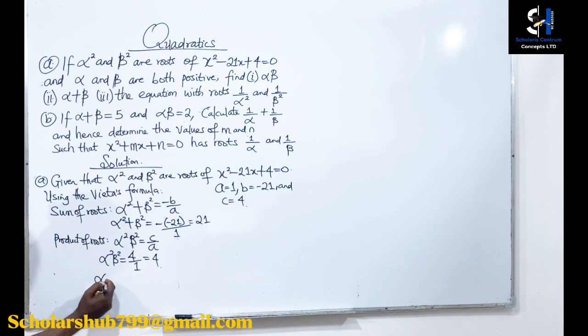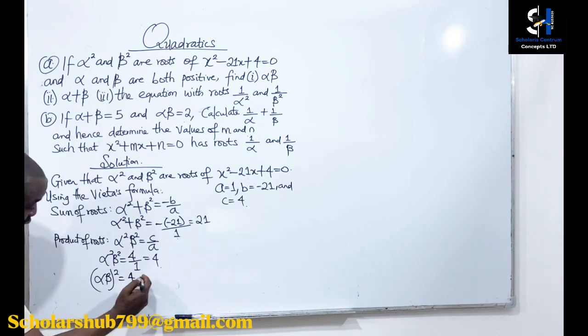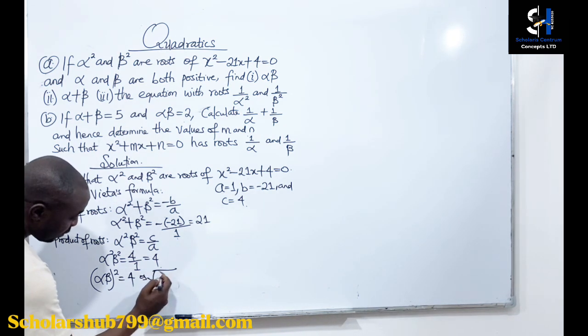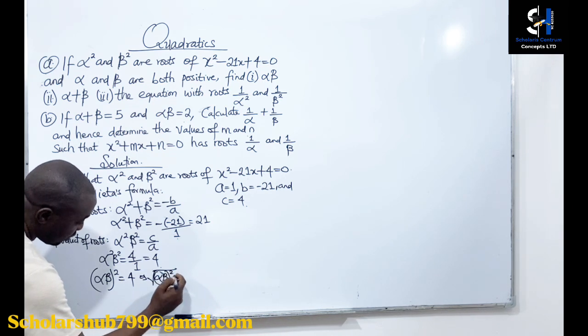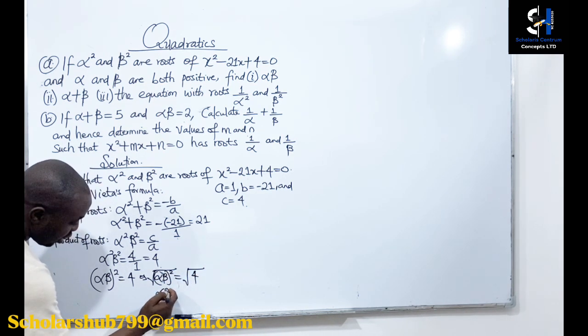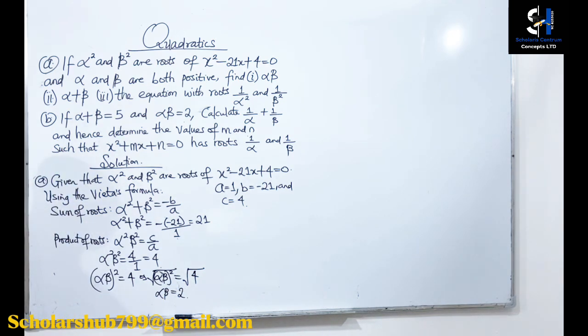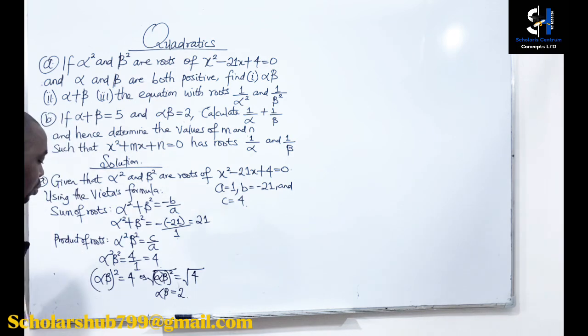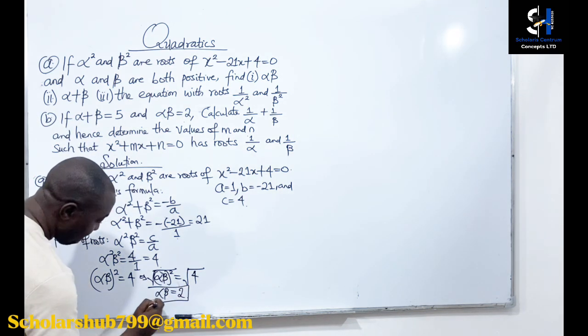We can write this as alpha beta raised to the power of 2 equals 4, so alpha beta is the positive square root of 4. So alpha beta equals 2. This is the first answer.